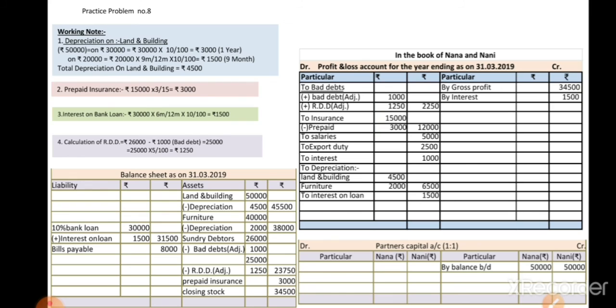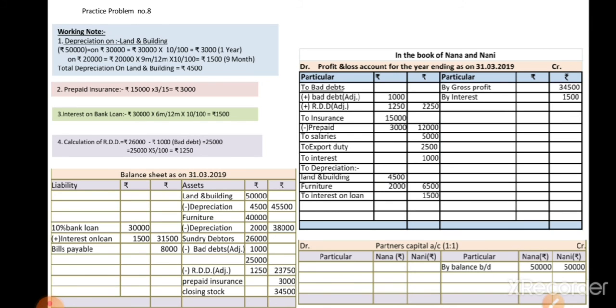Here our adjustment effect is also shown in the profit and loss account and balance sheet. So now closing time is there. Gross profit we already know, so there is no question about the trading account closing. We close the profit and loss account. First of all, how is it closed?